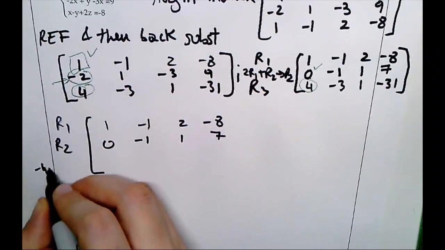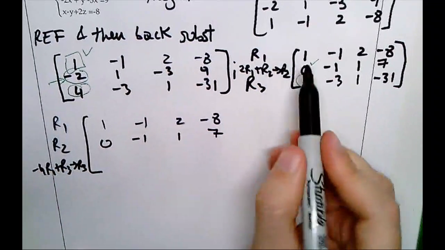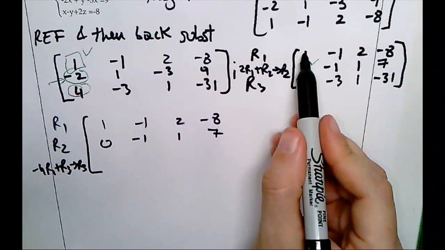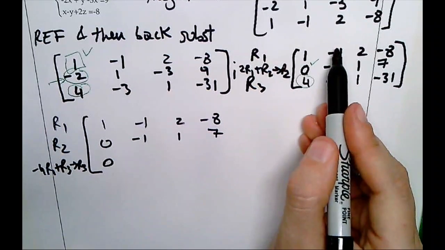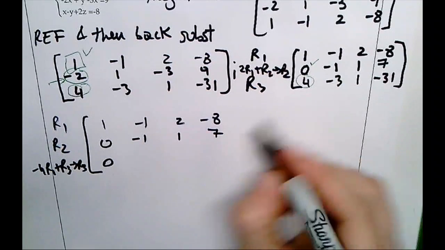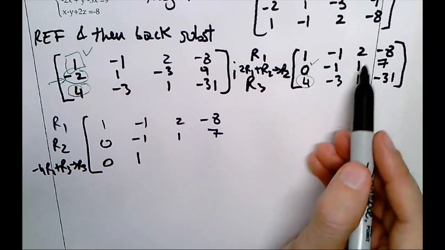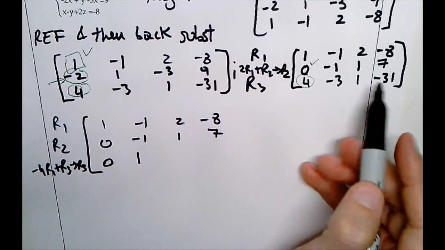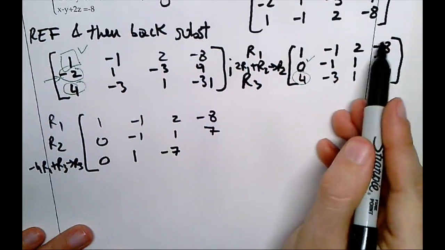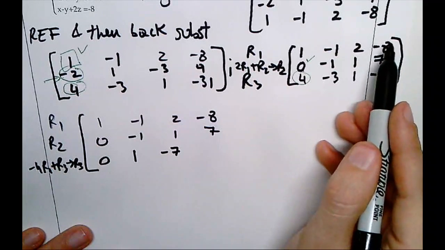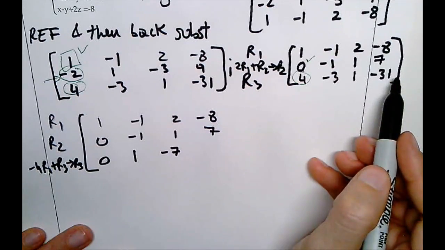So -4 times row 1 plus row 3 goes into row 3. -4 times 1 is -4 plus 4, 0. -4 times -1 is +4 plus -3, that's a 1. -4 times 2 is -8 plus 1, that's -7. -4 times -8 is +32 plus -31, it's a 1.